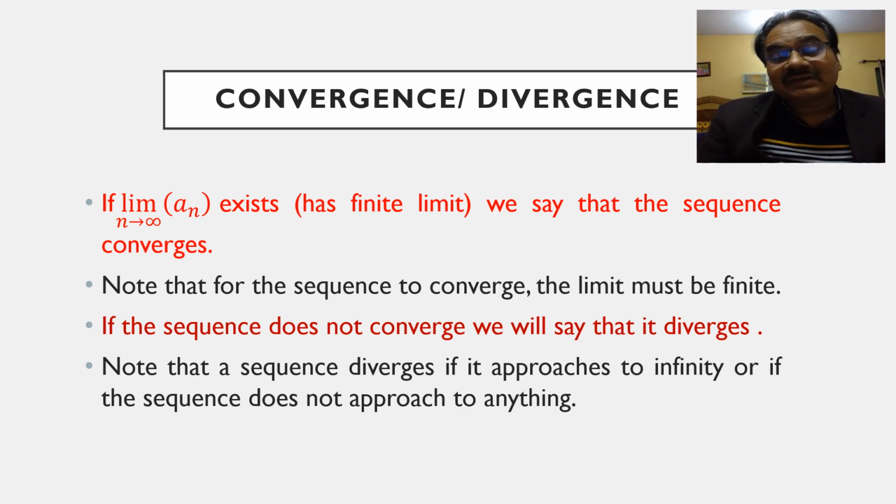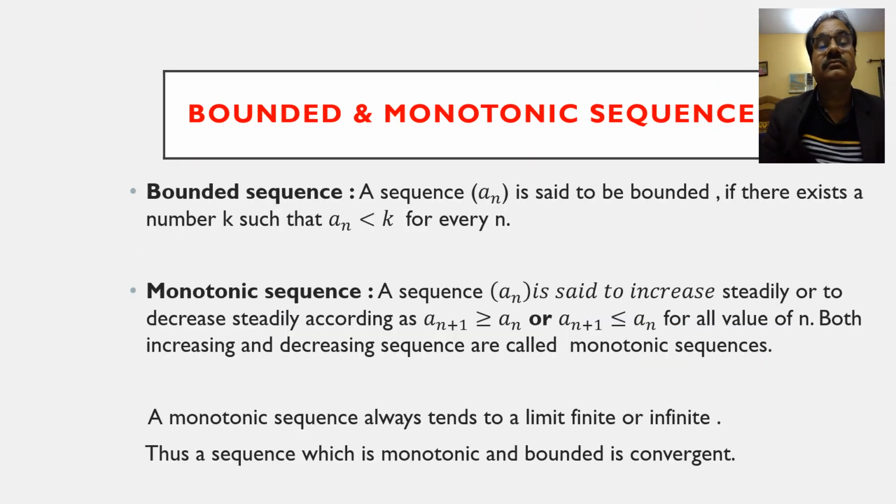If the sequence does not converge, then we say that it diverges. A sequence diverges if it approaches infinity. This is very important for numericals. Or if the sequence does not approach anything, then we can say the sequence is divergent.